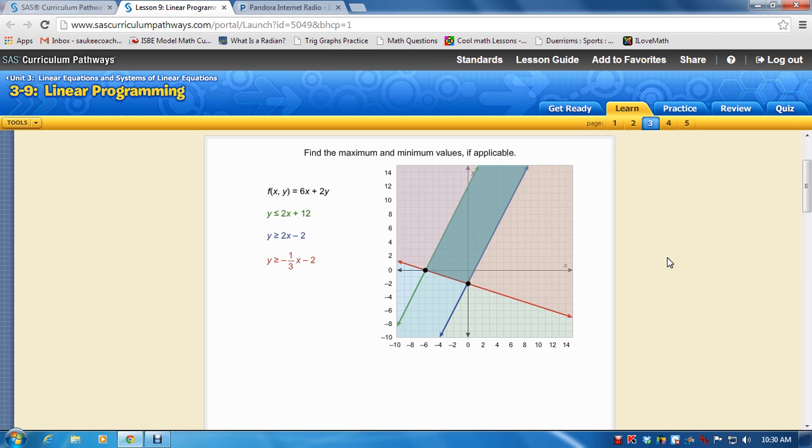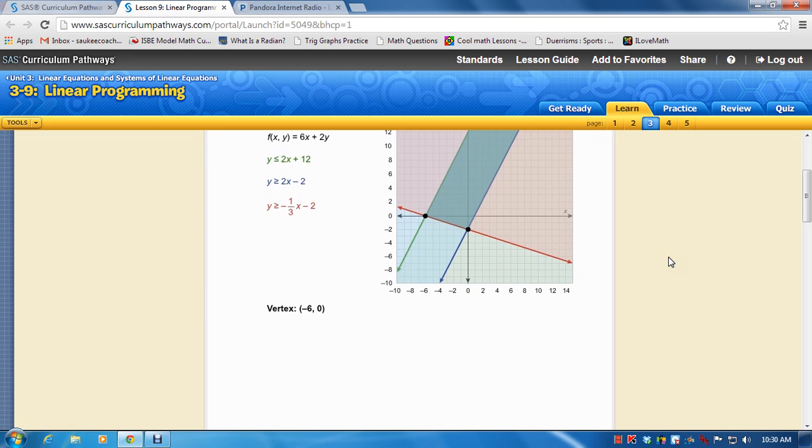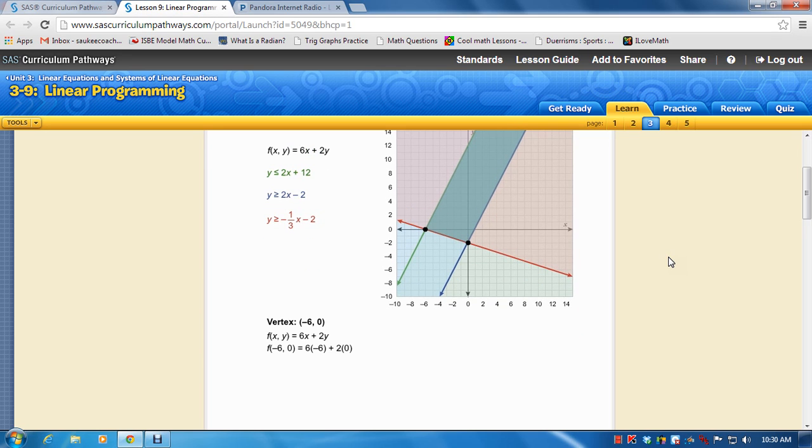Next, we evaluate each vertex using the objective function. Evaluate at -6, 0, and then evaluate at 0, -2. Since the feasible region is unbounded, we know that there is either a maximum or a minimum value. We see that -36 is the lesser of the two values, which means it's possibly our minimum, and -4 is the greater value, which means it's possibly our maximum.